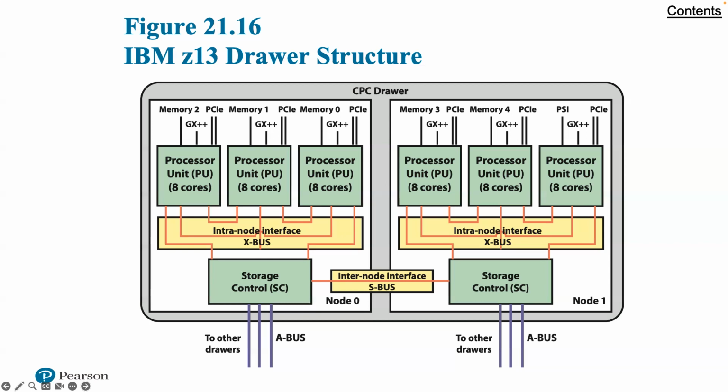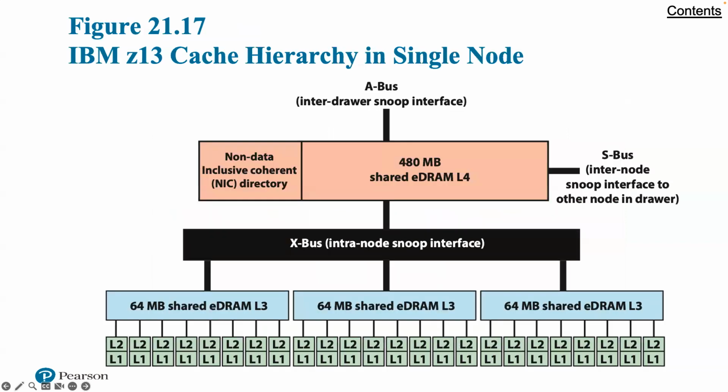The instruction execution path is predicted by branch direction and target prediction logic. Each core includes 4 integer units, 2 load/store units, 2 binary floating point units, and 2 vector floating point units. So pretty complicated, and we're seeing really a high-end server type of application here.